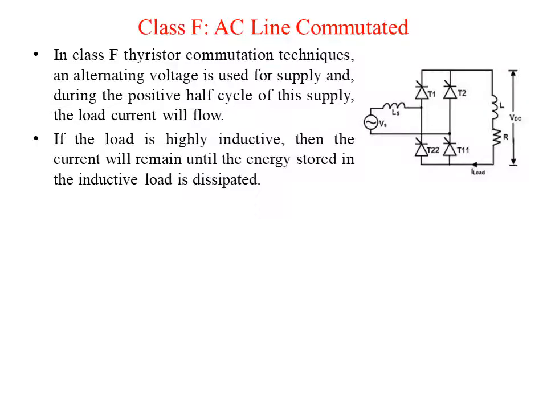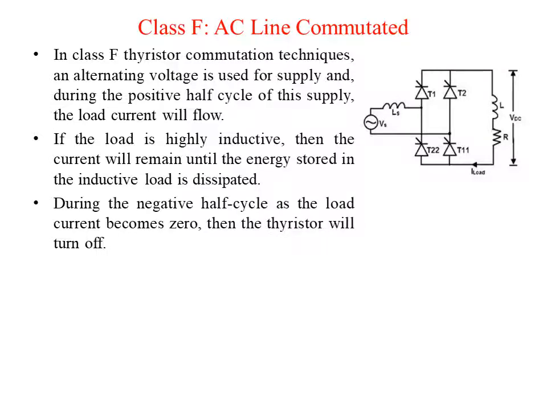If the load is highly inductive, then current will remain until the energy stored in the inductive load is dissipated. During the negative half cycle, as load current becomes zero, the thyristor will be turned off.